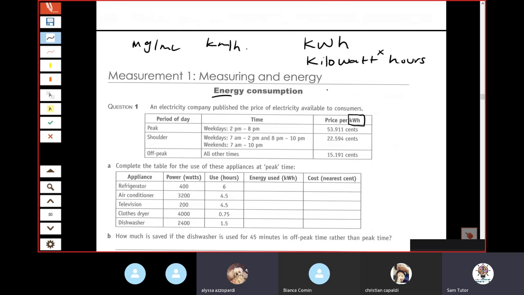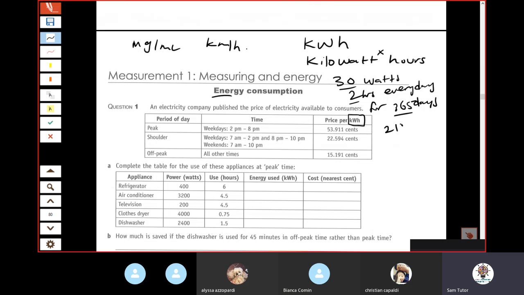So if I told you the washing machine has an energy rating of 30 watts, and you were running it for 2 hours every day for 365 days, the way it works is 30 watts times 2 hours times 365.